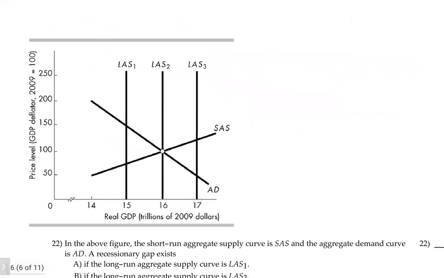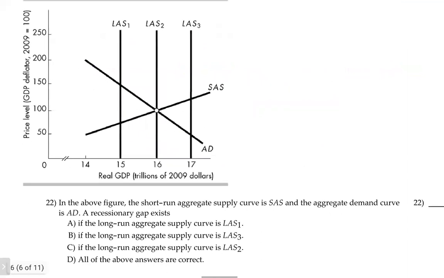Now look at 22. In the above figure, the short run aggregate supply curve is SAS, aggregate demand is AD. A recessionary gap exists. Okay, so this is a typical mistake students make, right? Let's just think about three possibilities.